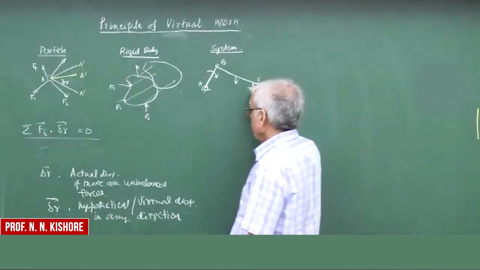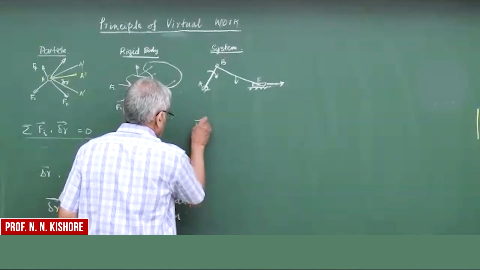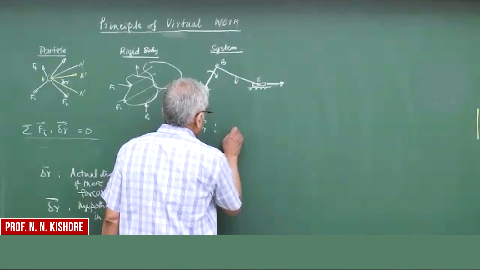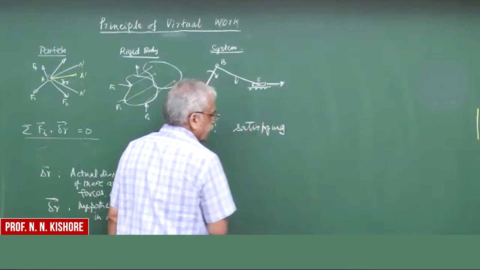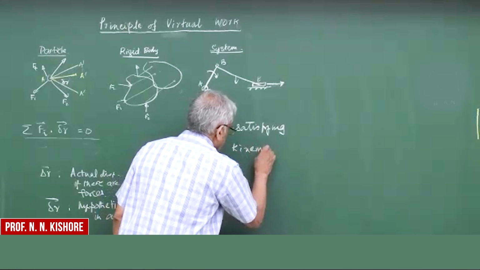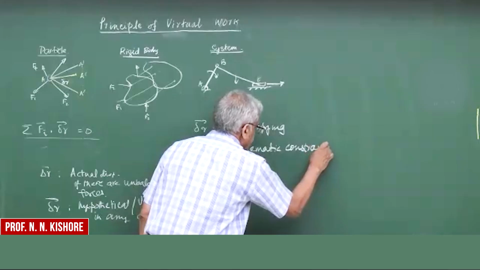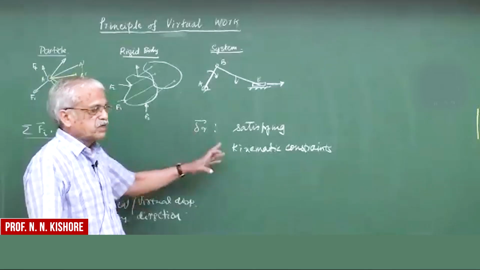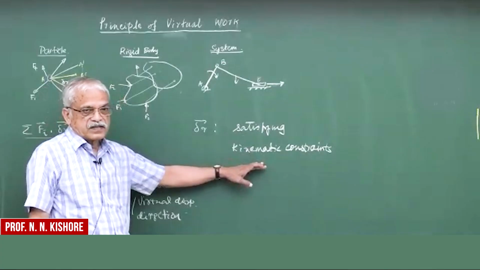So this delta R is important, satisfying the constraints, and here we call them kinematic constraints. This is the only restriction imposed on the virtual displacement. Virtual displacement can be anything as long as it satisfies the kinematic constraints.